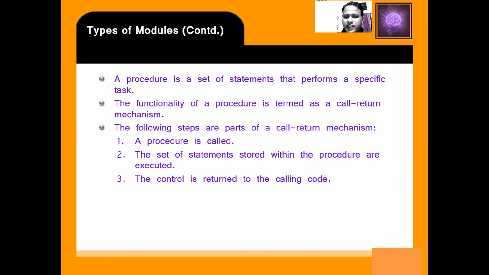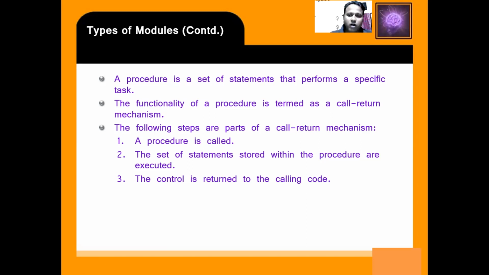The functionality of the procedure is termed a call return mechanism. Why is it called a call return mechanism? You have to pass some value to the procedure. The procedure evaluates it and gives you the output. It's just like washing clothes.